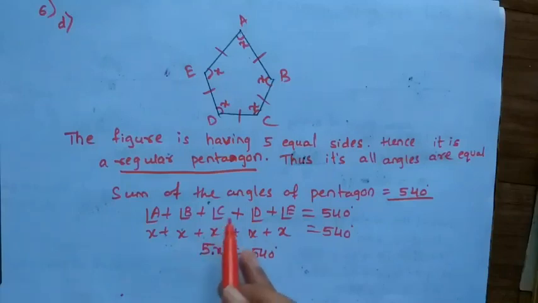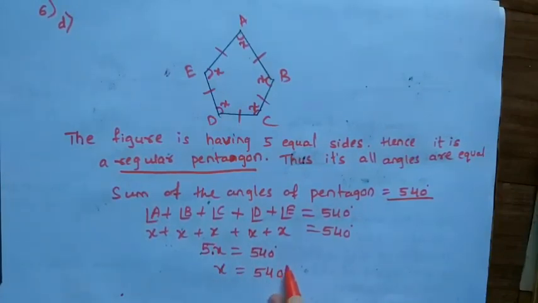When it goes to the right hand side, it becomes division. So x is equal to 540 degrees. Here multiplication is there. When it goes to the right hand side, it becomes division, okay? 5 becomes the denominator. So 540 degrees divided by 5.